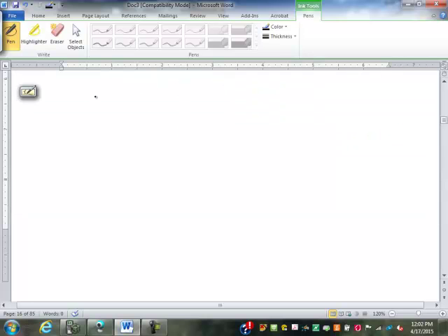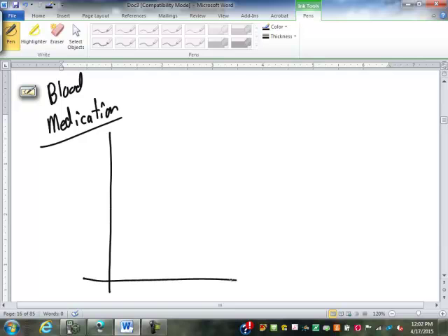We also might have a graph for a medication level in the blood concentration. And let's say I'm just going to give you the graph this time. So here we've got 50 milligrams per deciliter is the concentration there.